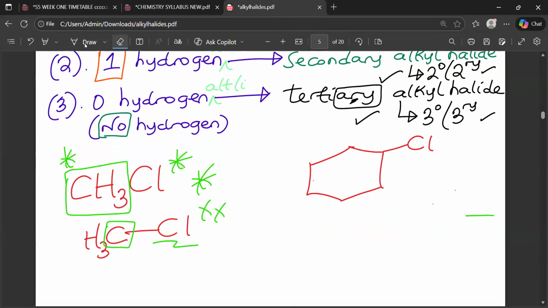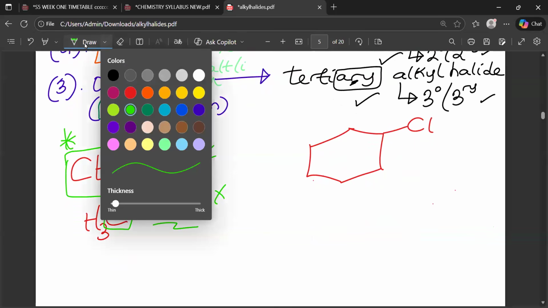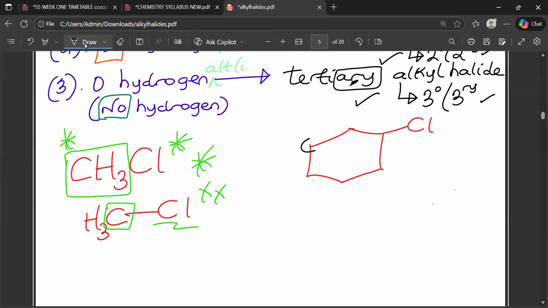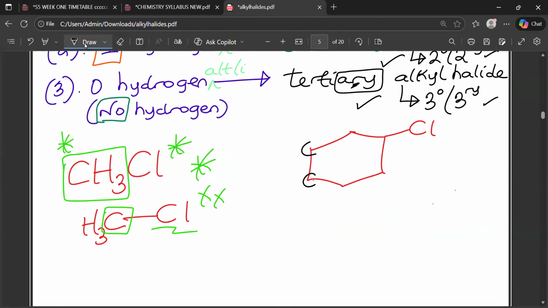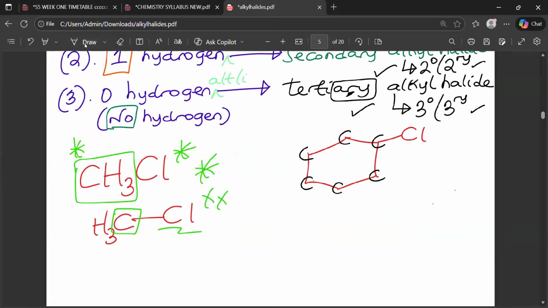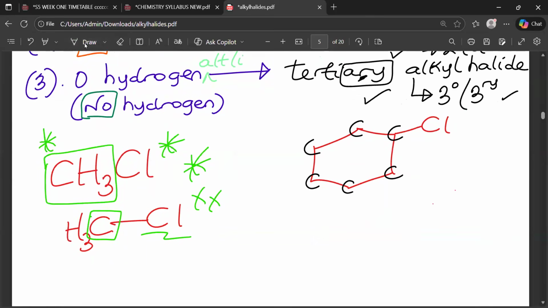Second, when I go to this second structure, you look at it. I remember teaching you these alicyclic compounds in the introduction, and I told you that each of these corners is a carbon atom. Carbon atom there, carbon atom here, carbon atom here. And we all know that carbon atoms are very comfortable with 4 bonds.